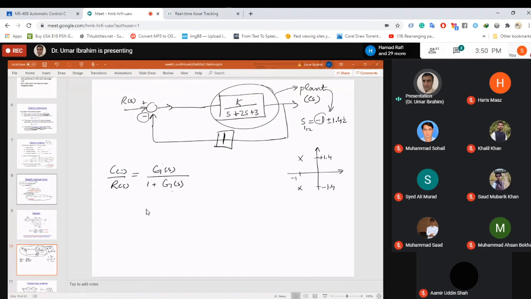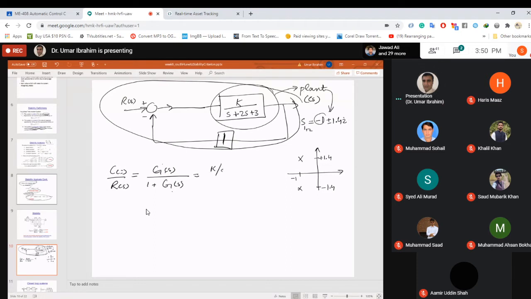So our transfer function for the whole feedback system will become K over S squared plus 2S plus 3, divided by 1 plus K over S squared plus 2S plus 3.